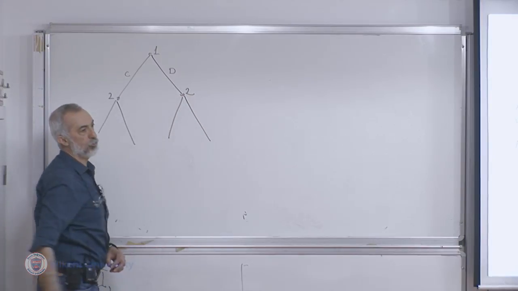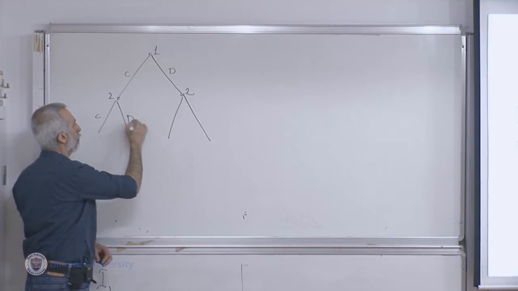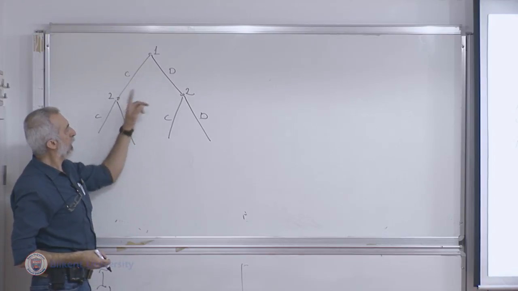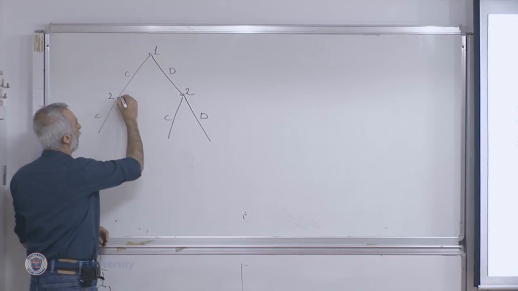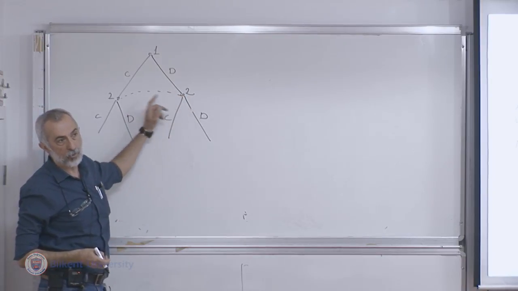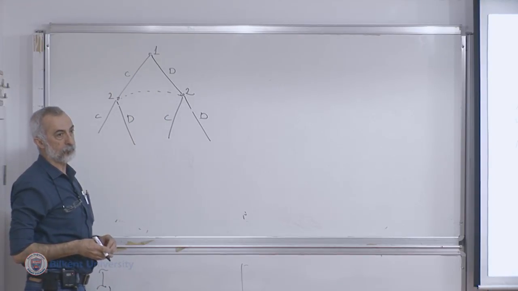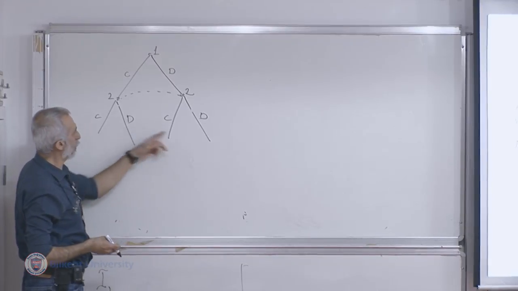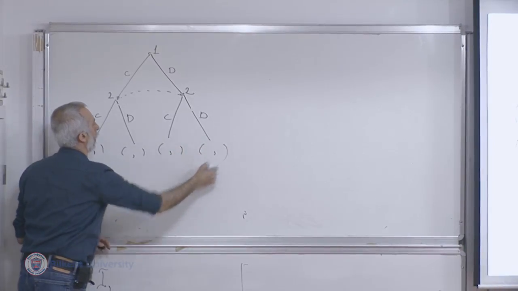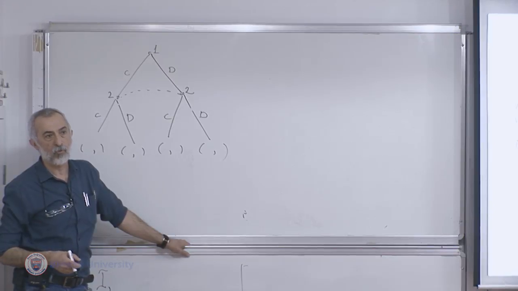So player 2, suspect 2, has 2 actions available to him. Confess, don't, confess, don't. And since player 2 does not know the action of player 1, we connect those 2 histories, those 2 states, with the dotted line, which represents that player 2 does not know the action of player 1. And then we assign numbers to the terminal nodes, which represent the numbers that we had in the prisoner's dilemma game.